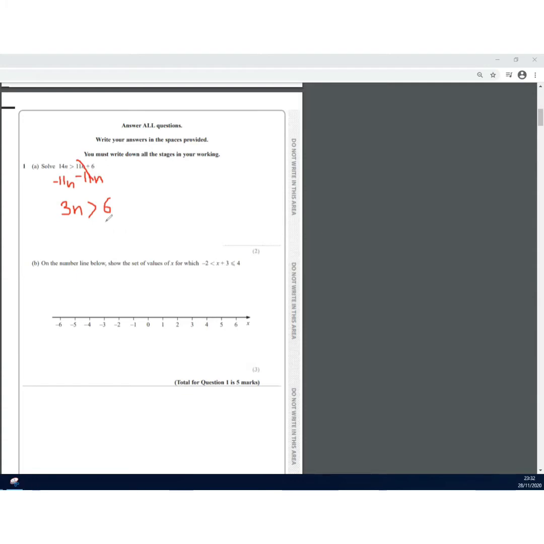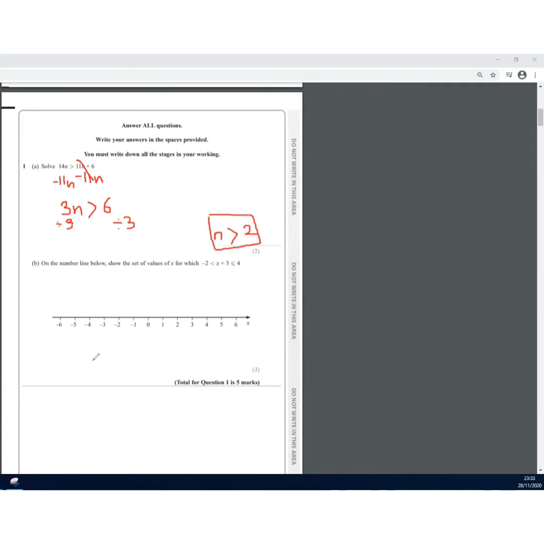Then to find n, I'll divide both sides by 3, which will give us n is more than 2. That's question number 1a.